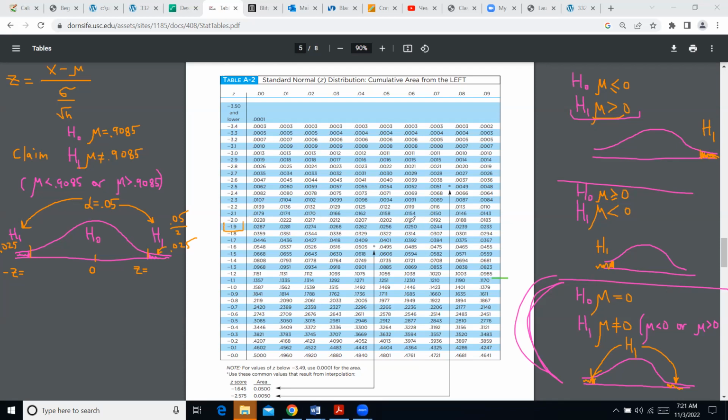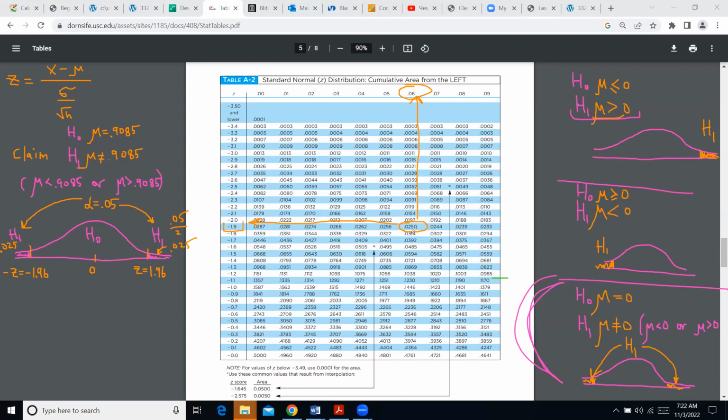So you can see 0.0250. So it gives me the row minus 1.9 and a column which is 0.06. So the z-score is negative 1.96. And on the other side, it will be positive 1.96. So these z-scores are the opposites on the opposite sides of 0.